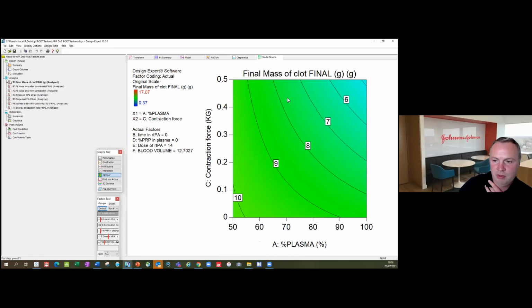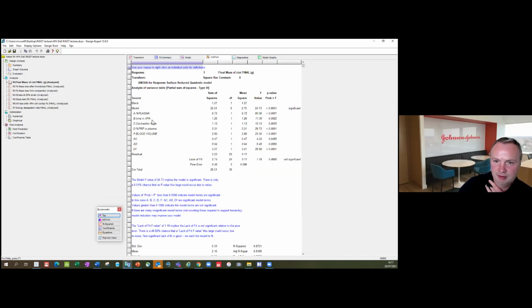And we can look at each of these factors, right? Blood volume is included here as a factor that has an effect, and that makes sense, because we started with more clot. So percent plasma, time in RTPA, contraction force, percent PRP, blood volume, all had an impact. The only one that didn't was the dose of TPA.